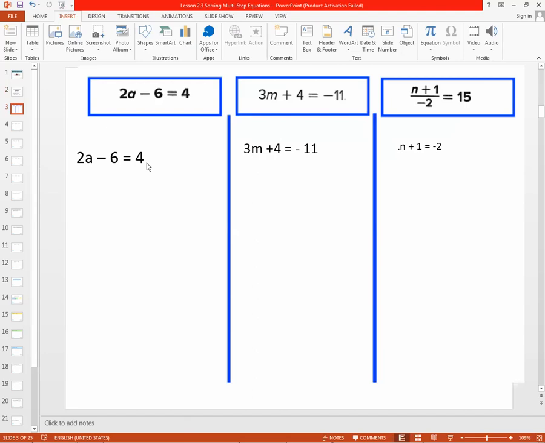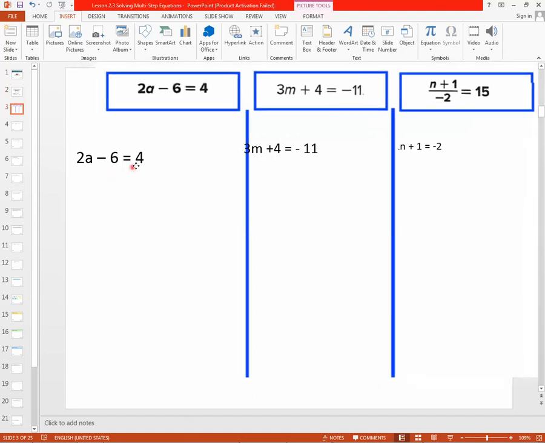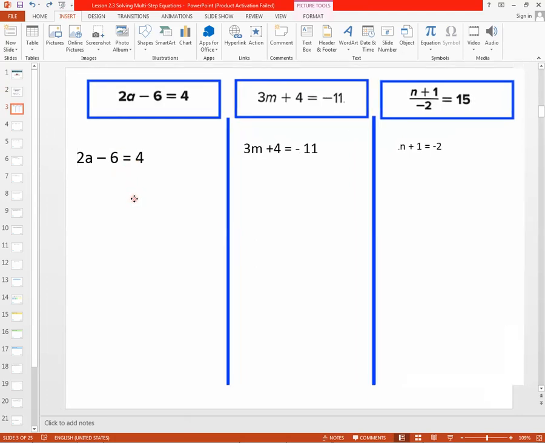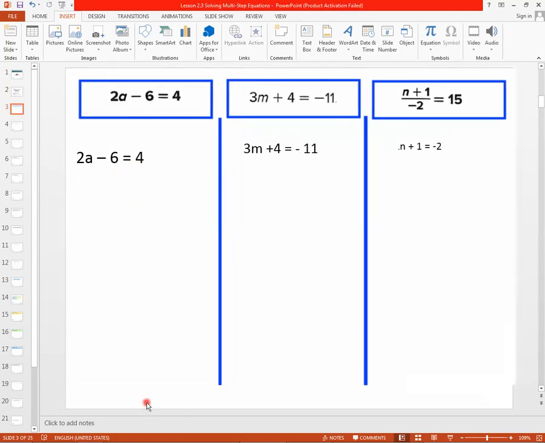Here we go. We have three problems. Number 1, the first equation is 2a minus 6 equals 4. I'd like to remove negative 6 from here and move it to the right-hand side, it will be positive 6.